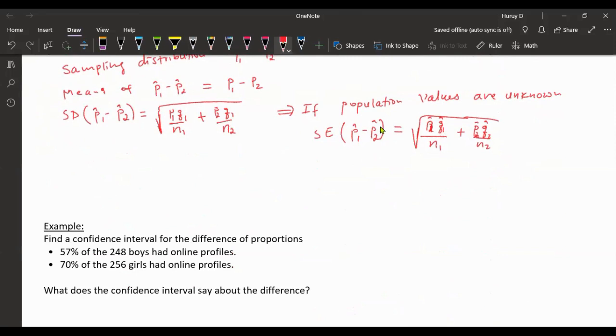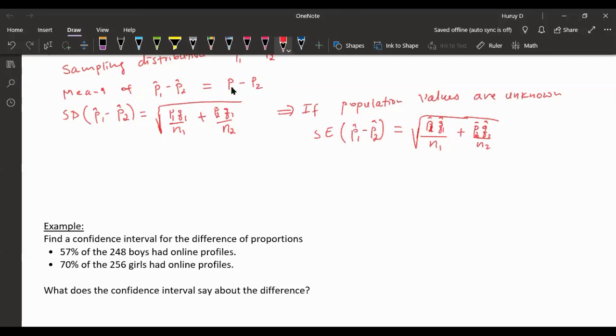And of course, we use the standard error to construct a confidence interval. Now, what will be the confidence interval for this difference? Because we are trying to see by how much this first proportion, P1, is bigger than P2 on average, or with certain confidence.